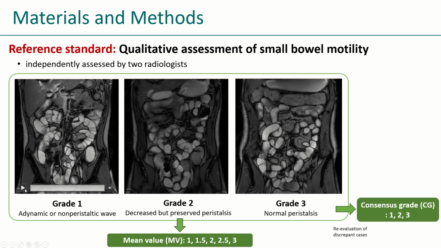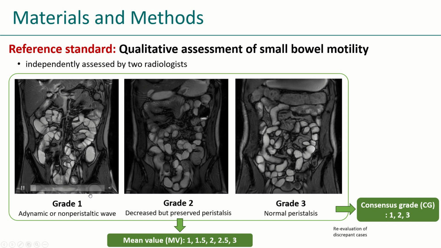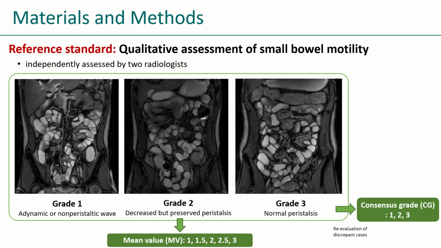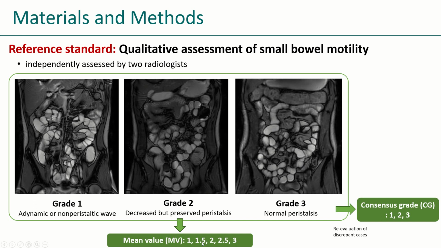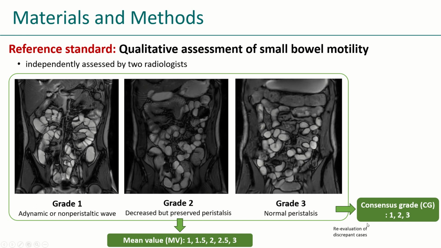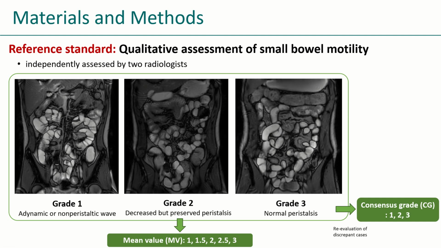These are representative cases of each grade. Discrepancies between readers led to the creation of two reference standards. One is a 5-tiered grading employing mean values, and the other is a 3-tiered grading employing consensus grades after re-evaluation of the discrepant cases.